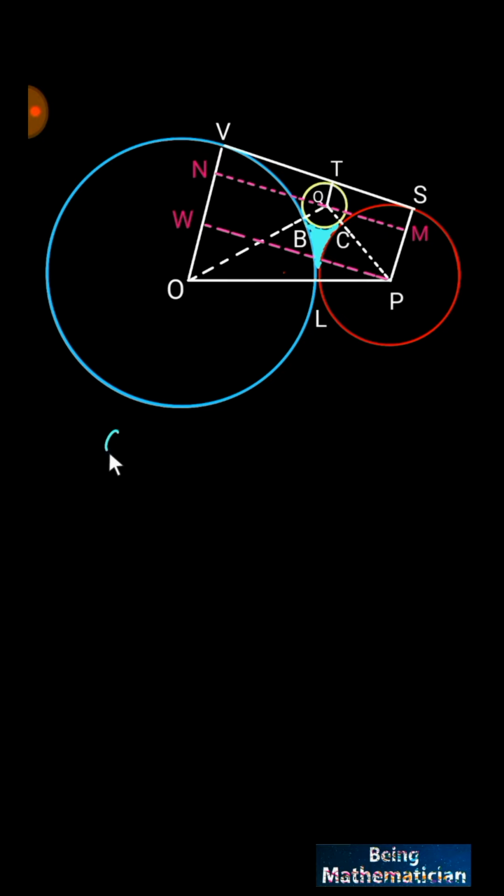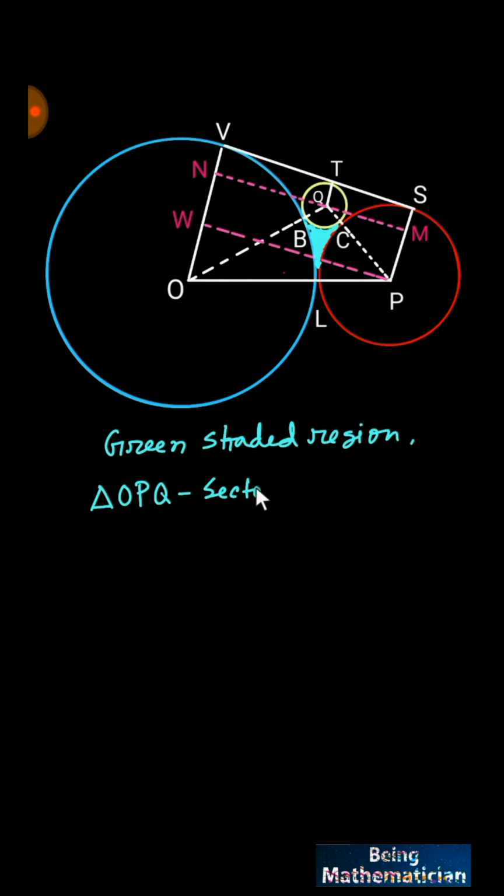So, the green shaded region must be triangle OPQ minus sector LOB minus sector CPL minus sector BQC.